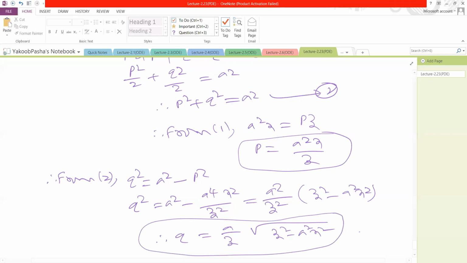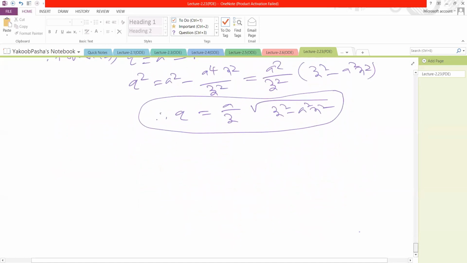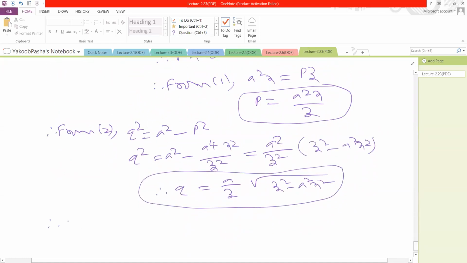Okay. So we have the values of p and q, and substitute in dz is equal to p dx plus q dy. It is a square x by z into dx plus a by z into under root of z square minus a square x square into dy.